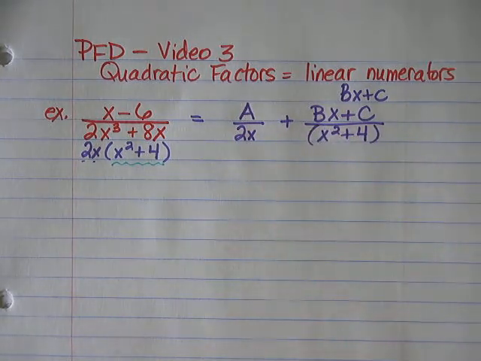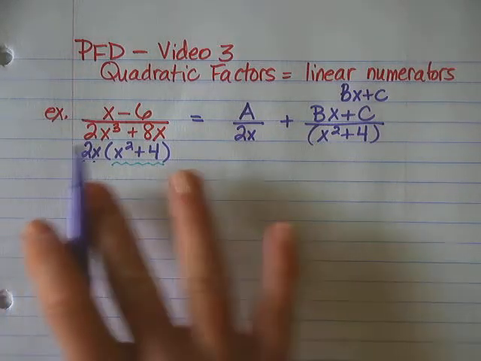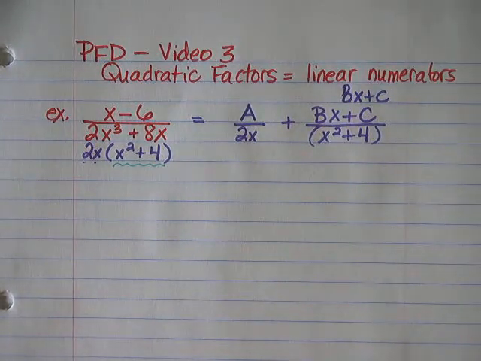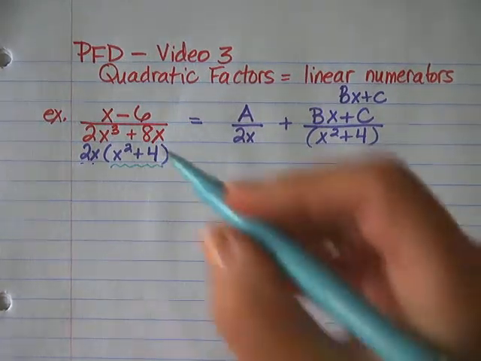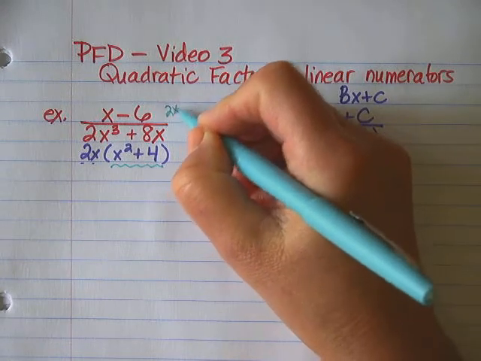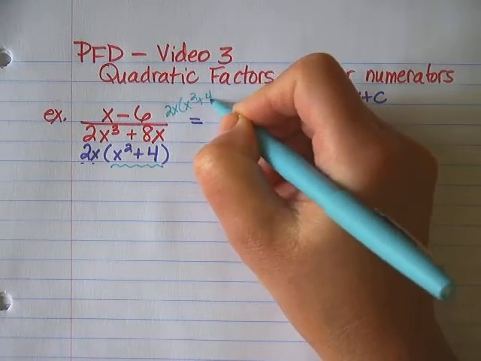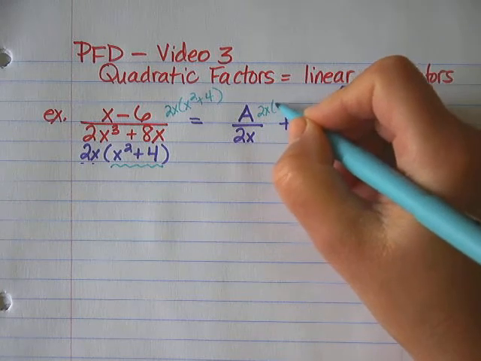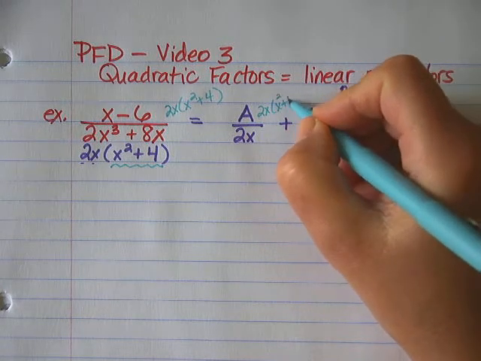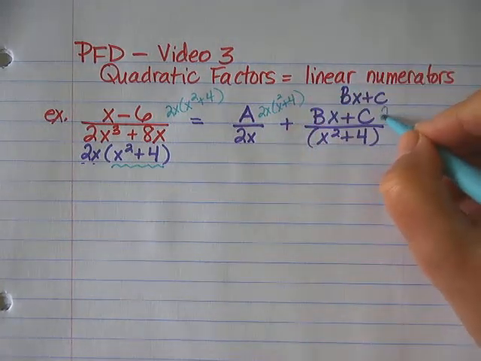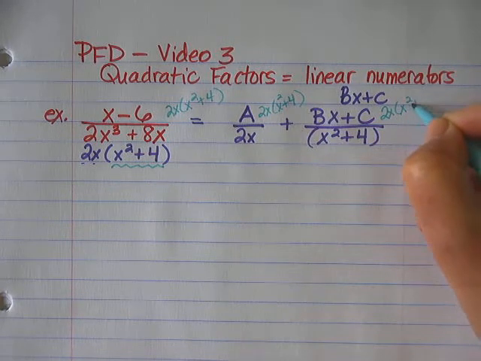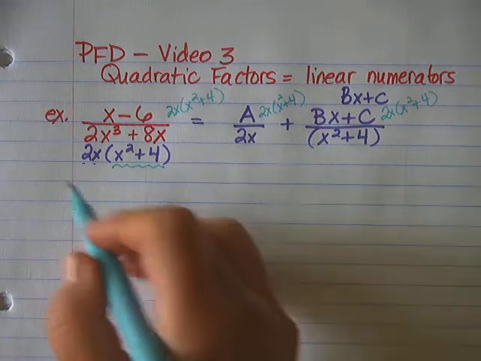This family. All right? So let's take it from here, and we're going to have a bit of a different strategy for this one. If I multiply everything through by the common denominator, 2x times x squared plus 4, or think of clearing the fractions, here's what happens.